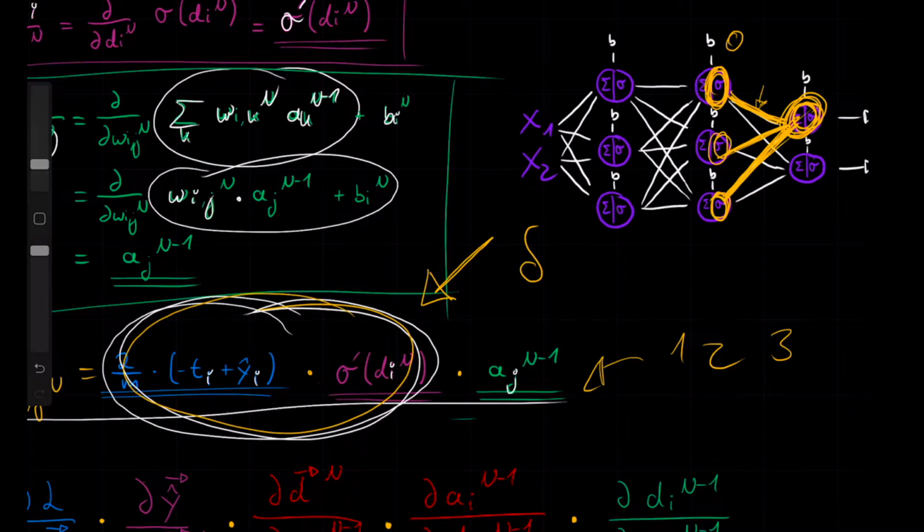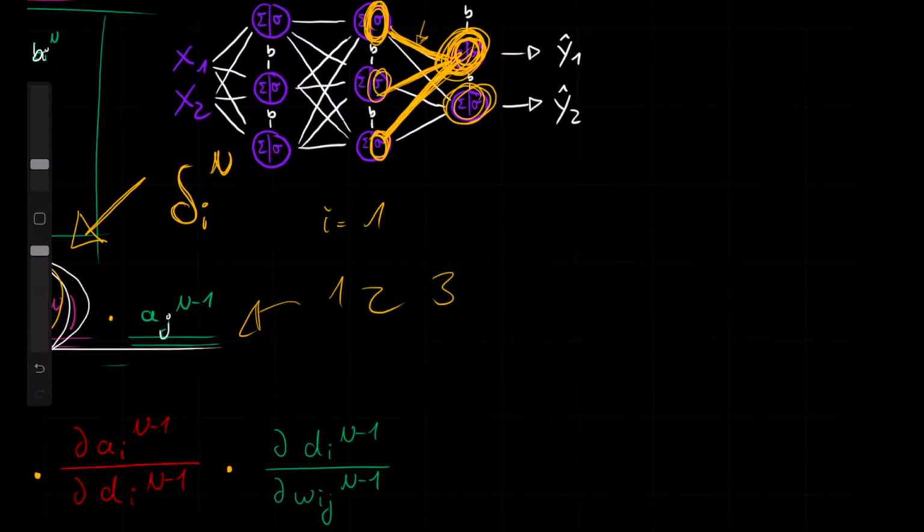And so since we note here the i, this will be the ith error signal. So the error signal of this neuron if we set i equal to 1. We could also be talking, of course, about this error signal here. And we also have to note that we're talking about the nth layer. And so let's already write down this structure.